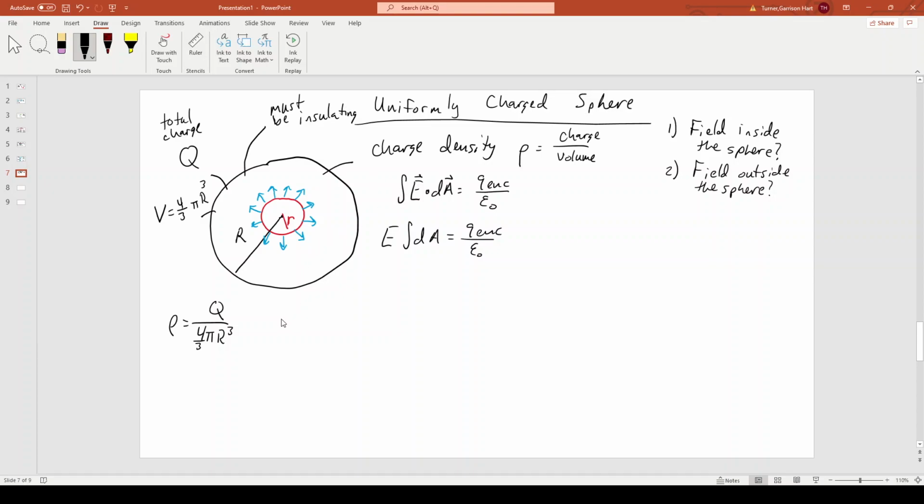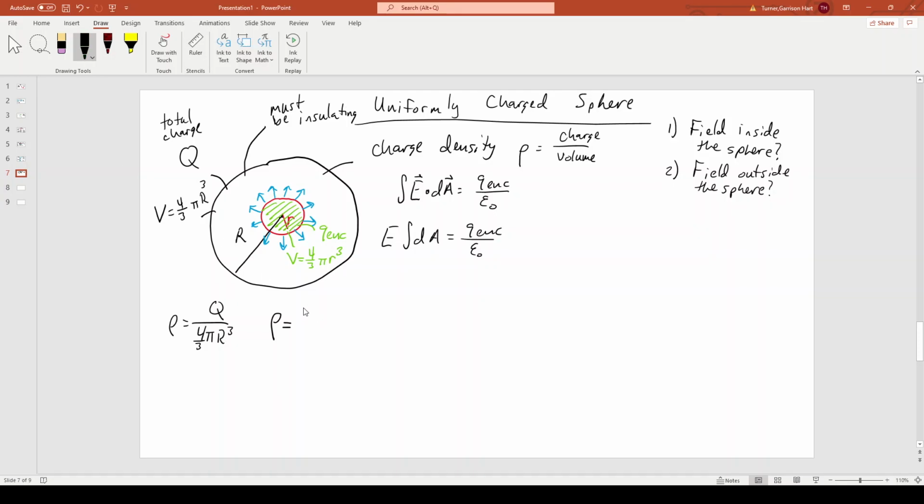So the charge density rho can also be thought of as the amount of charge enclosed by the Gaussian surface divided by the volume of that surface, and it has volume 4/3 pi little r cubed.